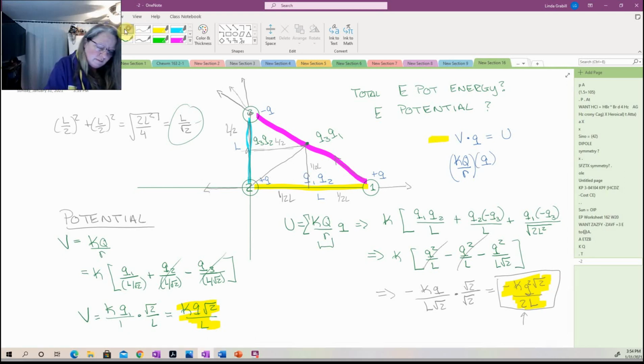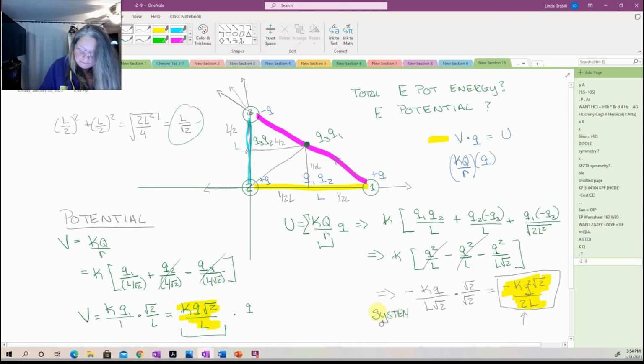So actually, if I wanted the potential at this point, it would just be times the Q. Okay, so the big difference there, this is my point here. This is for the system. And this is for a point, I don't know, whatever that point is, some chosen location. All right, I think that's good enough.